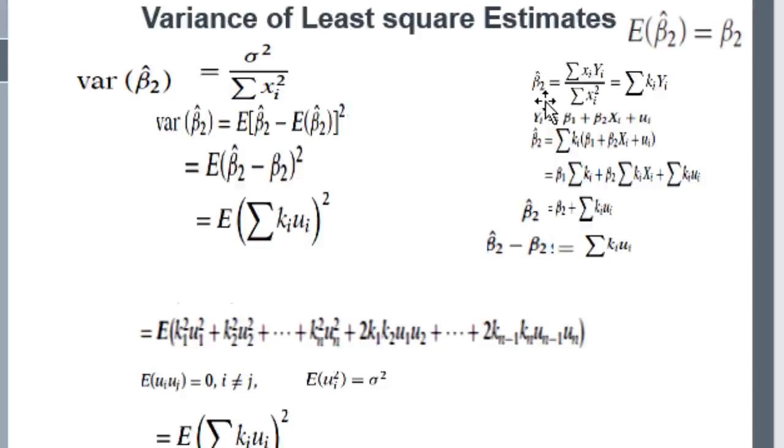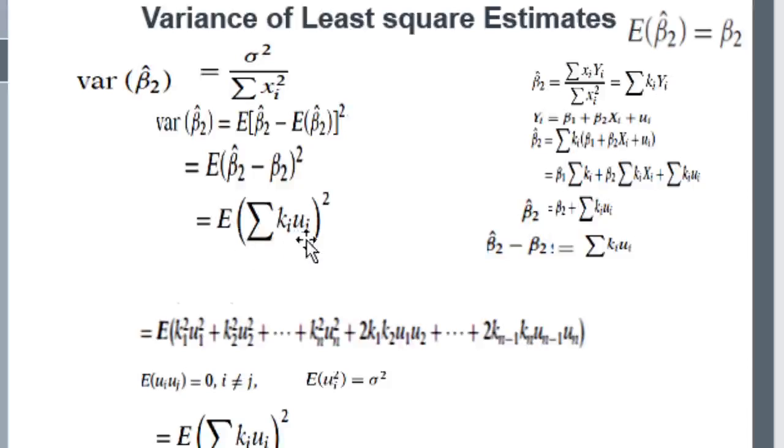Use beta 2 cap equals sigma xi yi by sigma xi square, equals sigma ki yi, then replace yi by the linear equation beta 1 plus beta 2 xi plus ui, multiply the whole term by ki, apply the properties of ki, and we get beta 2 cap equals beta 2 plus sigma ki ui. Then take this beta 2 to the left hand side, so beta 2 cap minus beta 2 equals sigma ki ui.